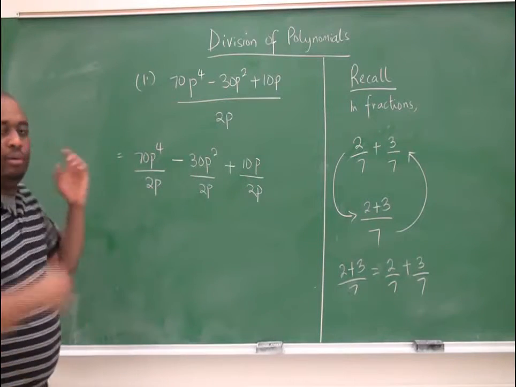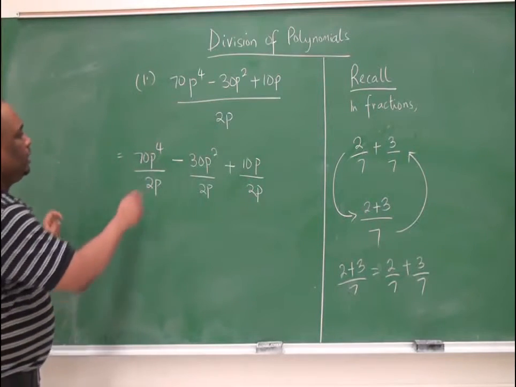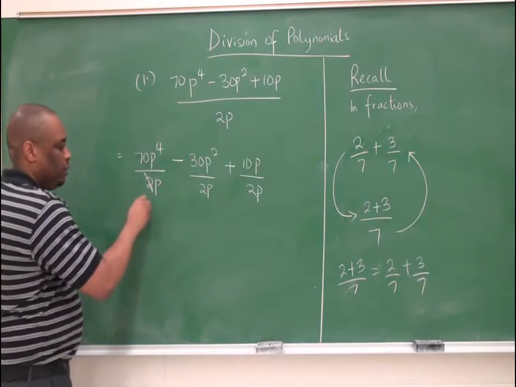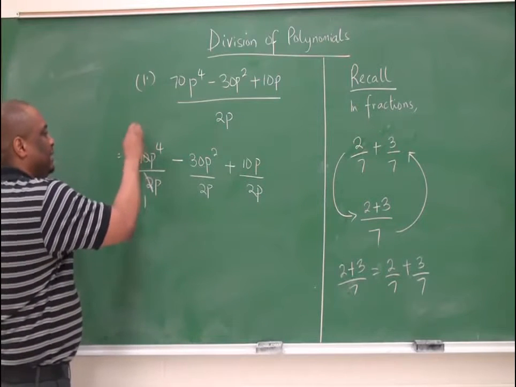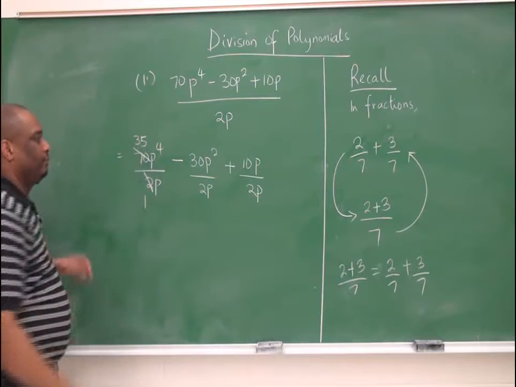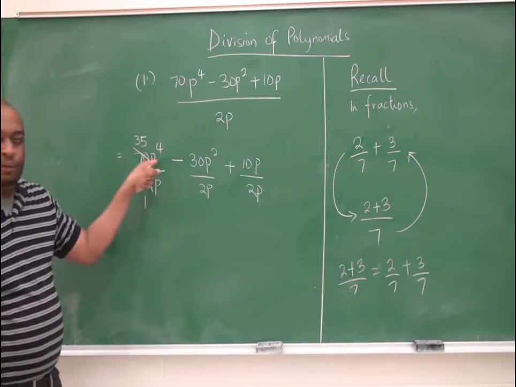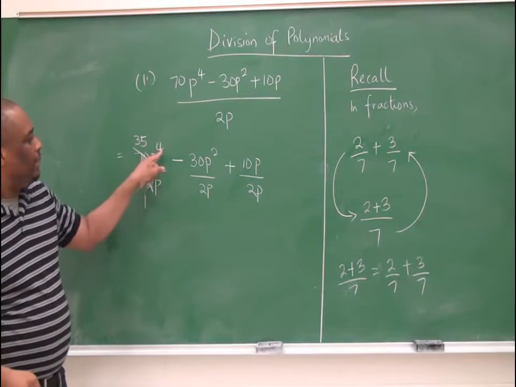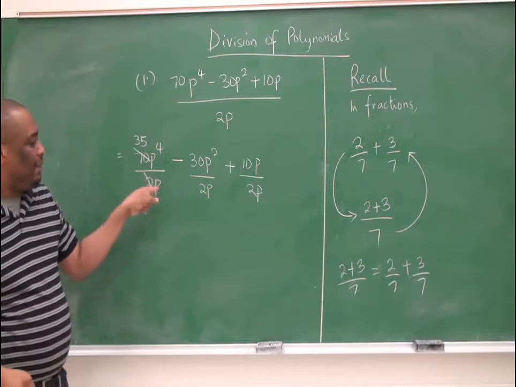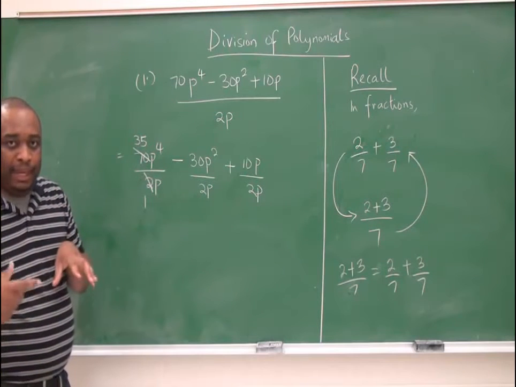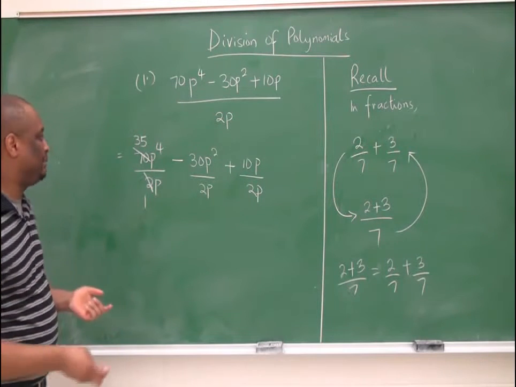Just like when you have this, it goes back to this. So now we can divide. 2 divided by 2 will give you 1. 70 divided by 2 will give you 35. And if you look at the laws of exponents, p^4 divided by p, they are the same base, so you subtract the exponents.